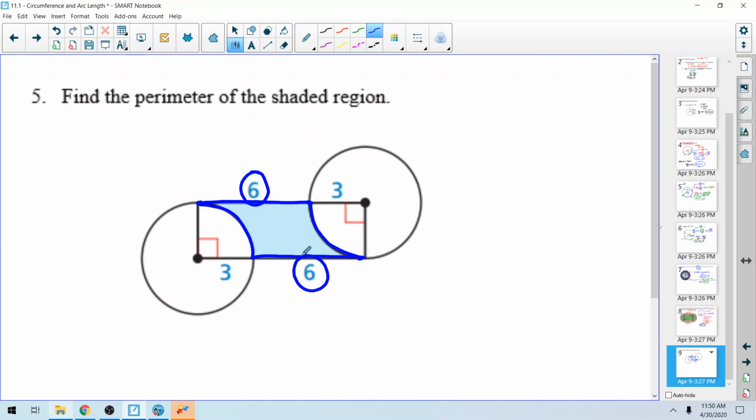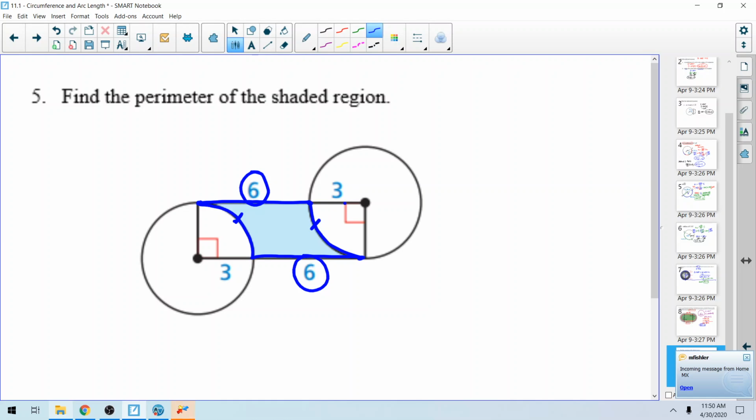The next thing I'm looking at is this arc and this arc. I marked them as congruent. Are they in fact congruent? The answer is yes, because both of these circles have a radius of 3. Because it's an arc length, I can either use arc length or just think about this.